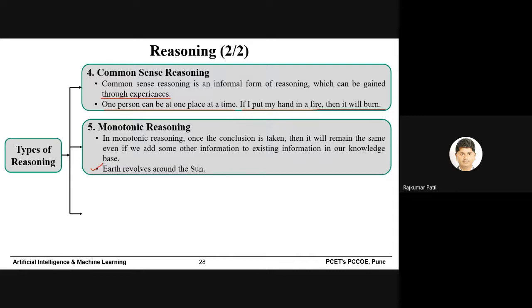And if the temperature of Earth increases or decreases, it doesn't affect this particular statement, that Earth revolves around the sun. So if we add some external thing to it, or if we remove some part of the existing thing, then the state of the system will not change. And this particular reasoning is called monotonic reasoning.